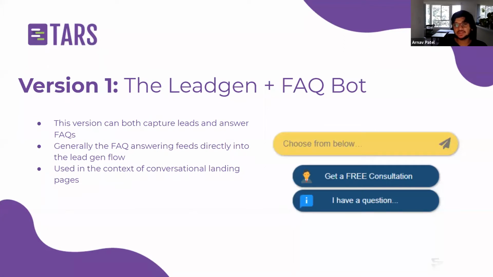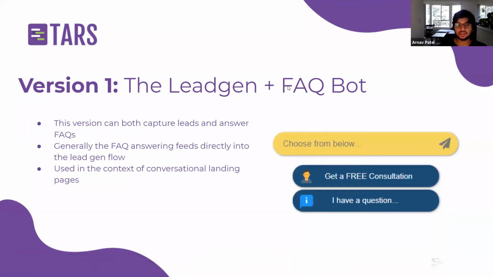There are two ways you can go about implementing these bots into your marketing campaigns. The first version is one where you have lead gen plus FAQ in the same bot. A lot of people use this in the context of conversational landing pages. So someone clicks on your Google ad, they drop into a conversational landing page where the bot can capture their lead. But before they actually start the lead generation process, as you can see over here on the right, you give the user an option to ask a question.